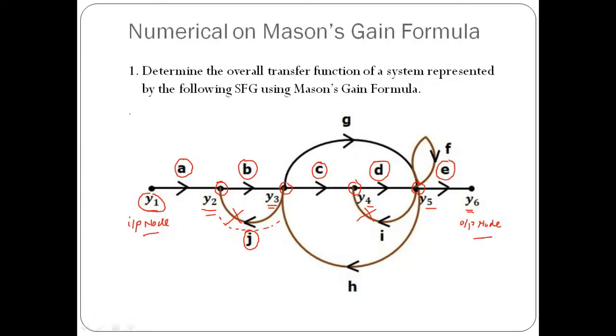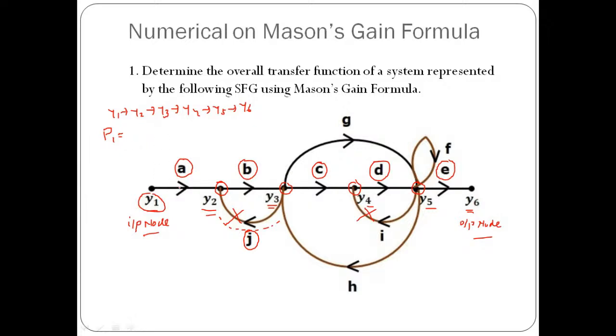So here we identify that the first forward path is y1 to y2, then y3, then y4, then y5, and finally y6. And what will be the gain of this forward path, indicated by the symbol p1? I told you what gain is. It is simply the product of the gains of the branches responsible for that particular path.